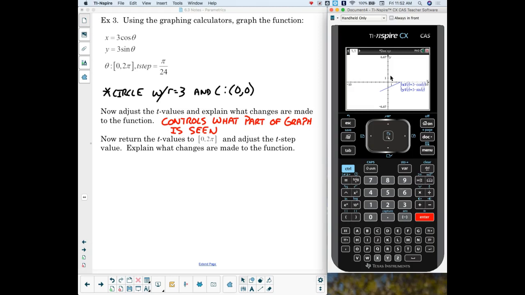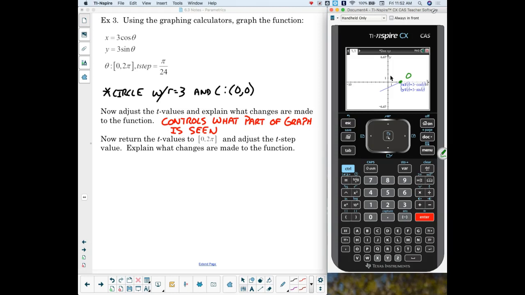So if you have a t-step of 4, it's going to start at 0. It's going to calculate the value and give it to you.